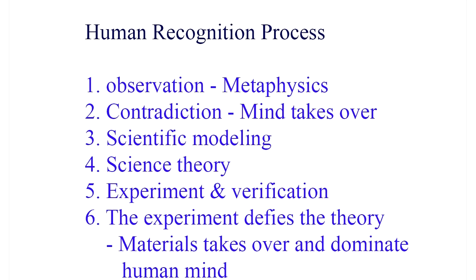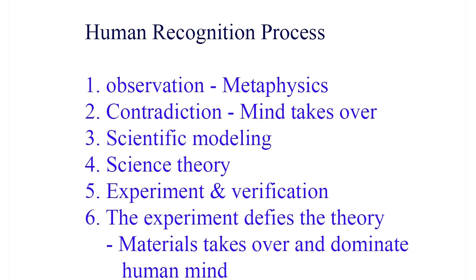It doesn't just go around. Sometimes it goes back and forth. It's very contradicting, and a scientific model is made, which is a planet model. Okay, and a science theory is proposed, like Darwin's theory of evolution, or planet models, and gravity.